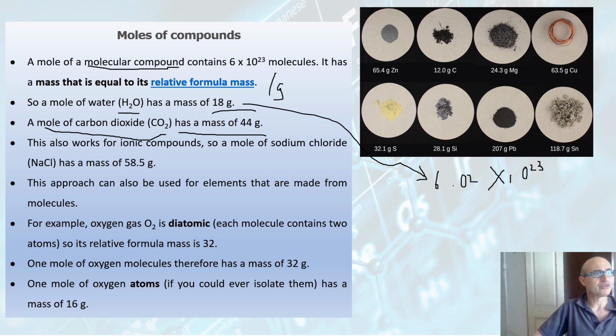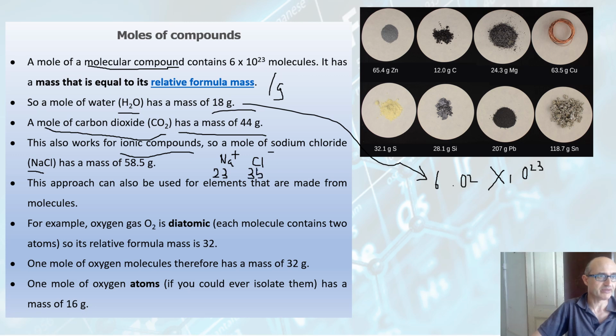So if we had to consider ionic compounds rather than simple molecules, if we have sodium chloride, notice the ratio. We have 1 sodium ion, Na+, and 1 chloride anion, Cl-. The sodium ion has a relative atomic mass of 23, the chloride a relative atomic mass of 35.5.